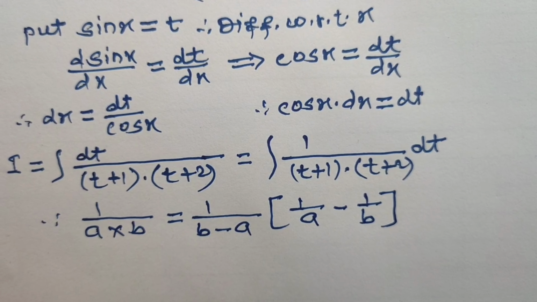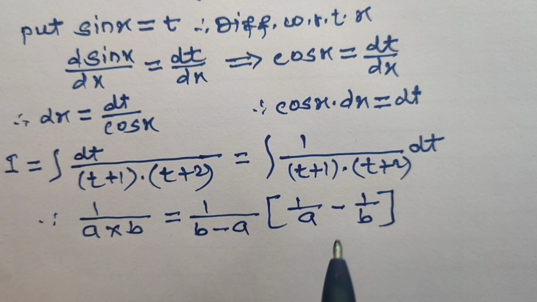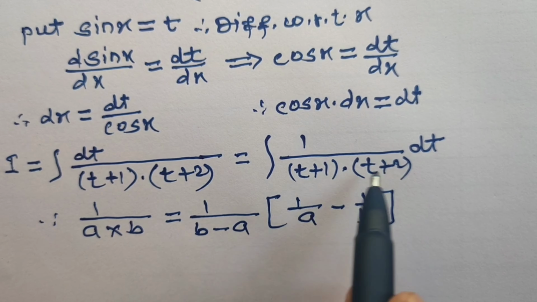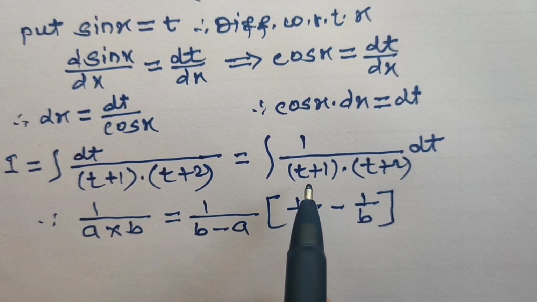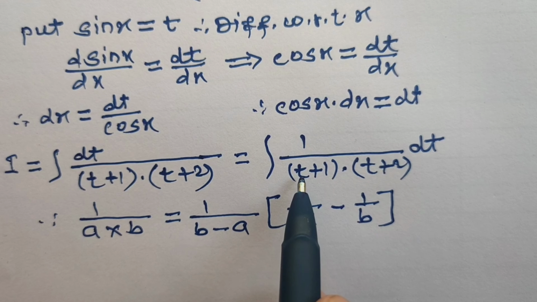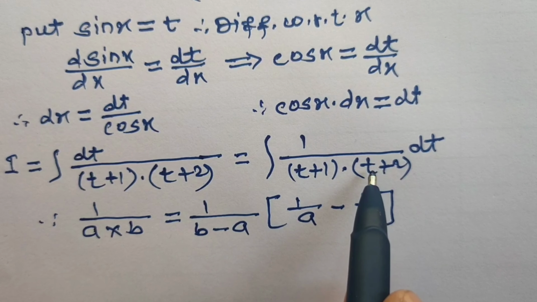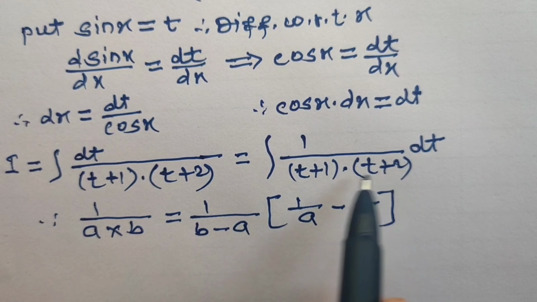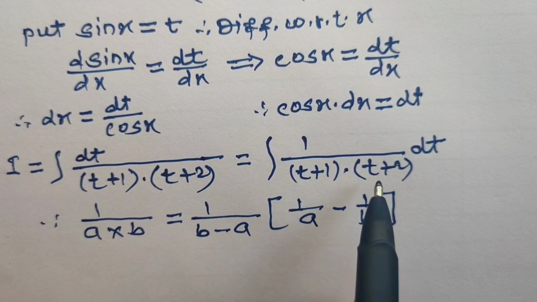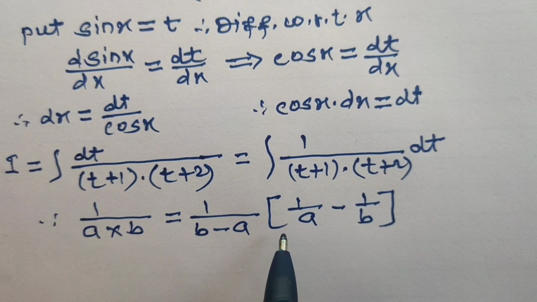This is a special formula for finding partial fractions when the denominator contains linear factors where the coefficient of the variable is 1. Here the coefficient of t is 1 in both the factors of the denominator, so we can apply this formula.